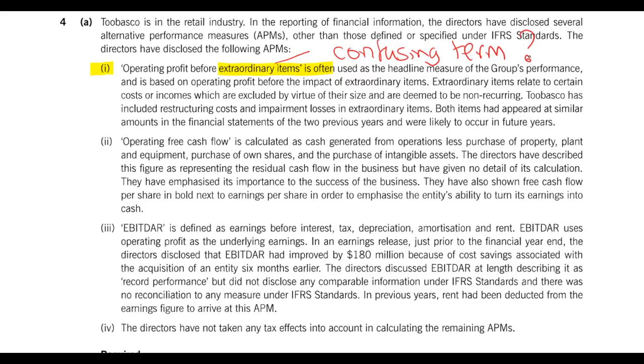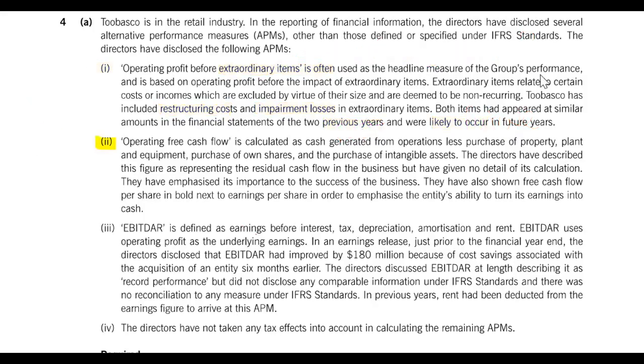But Tabasco has used restructuring costs and impairment losses, and both items were in the previous years and were likely to occur in future years. Therefore, they do recur. They have recurred in the past, and they're expected to recur in the future. It is therefore misleading to exclude them.